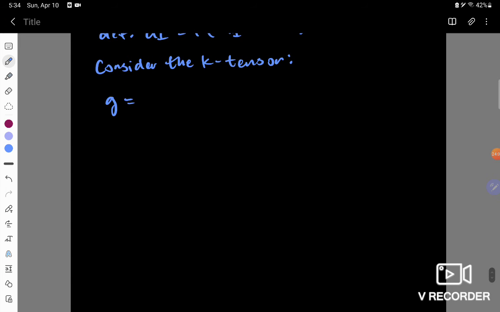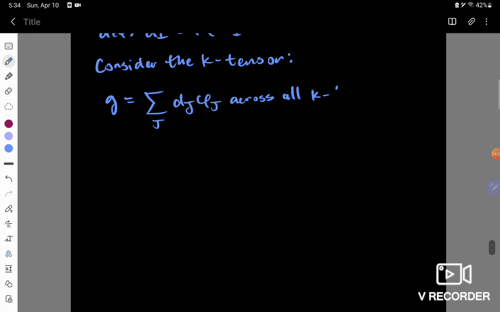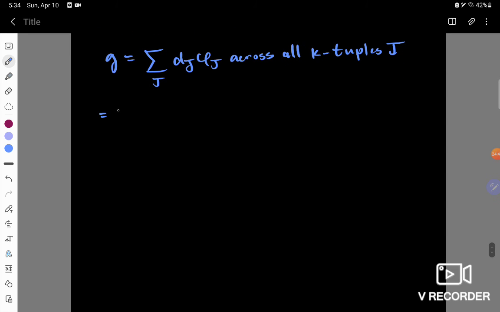So consider now this k-tensor, which we'll call G, and it equals the sum over this J, which J is going to have a similar role as above, d sub J times phi sub J across all k-tuples J, J1 through Jk. Sorry, I conflated k and n.